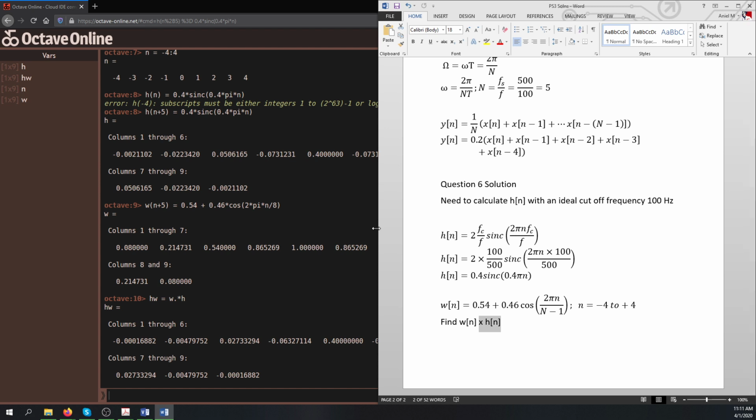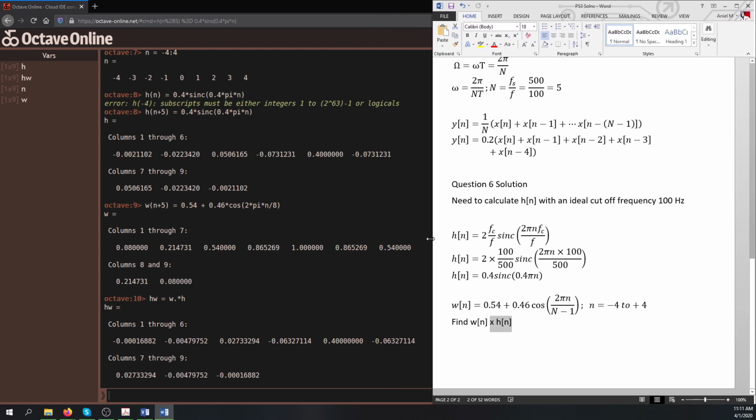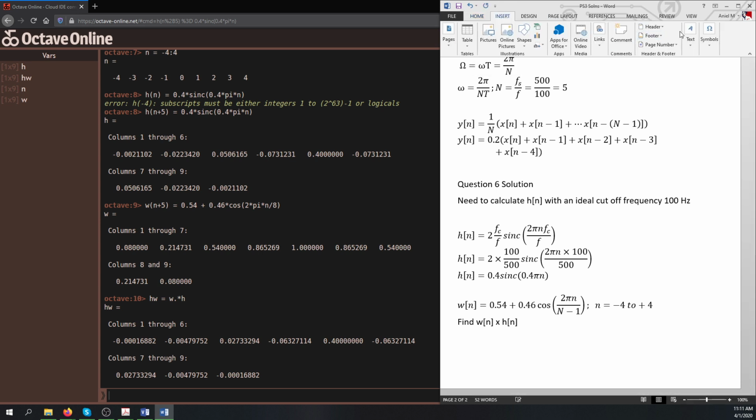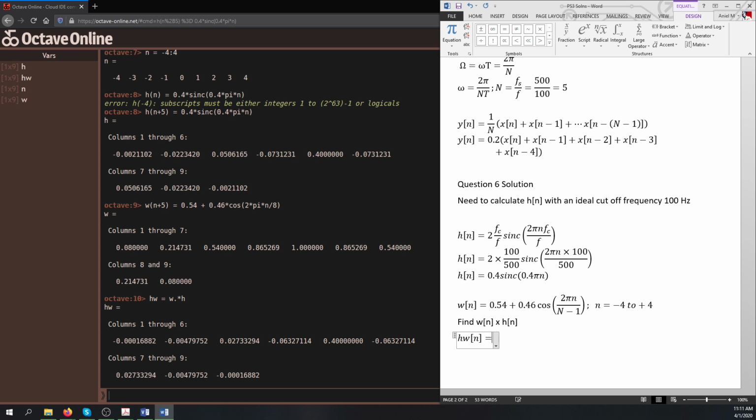So to give you an idea of how we write out this equation, and I now realize that I forgot to actually write out the equation for you guys. We can say hw of n here, and because we have all the coefficients here, each one of these is going to be represented in terms of the n index that we had from before, from -4 to +4.